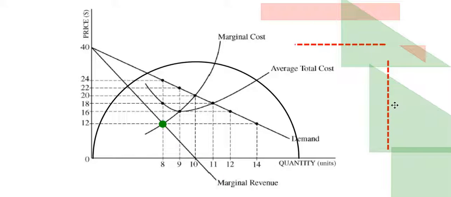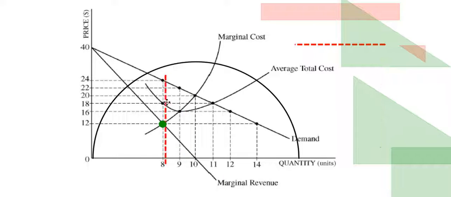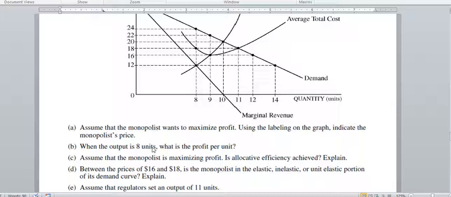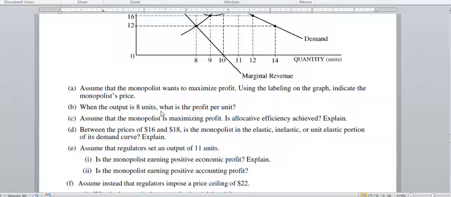And then we want to track that up to the demand curve to find price. So at a quantity output of 8 and a price of 24, that's where the monopoly firm is going to maximize its profits.